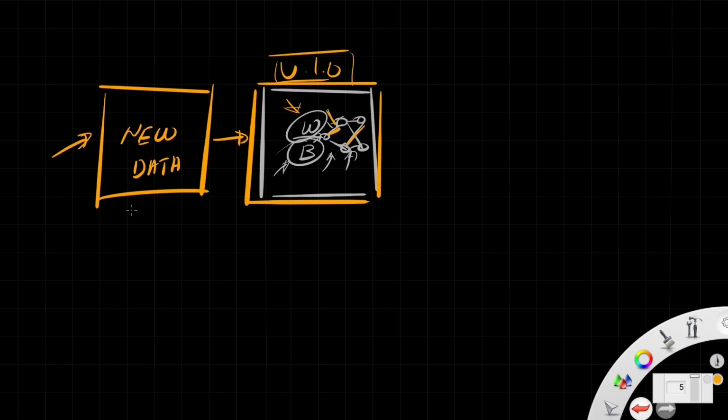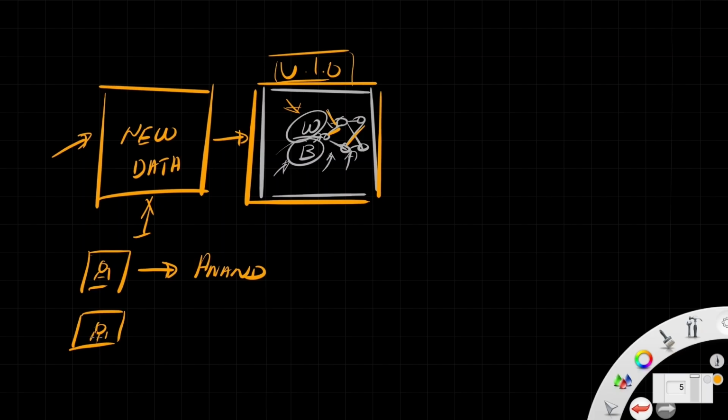So what is the form of this new data? It can be any form. For example, in our case, we are going to have images. There is an image of something and we are going to name it, tag it, or label it. Label, tag, it's all the same thing at the end of the day. So this is a photo of Anand, and this is another photo of Anand. We are giving so many photos of Anand. Why so many photos?